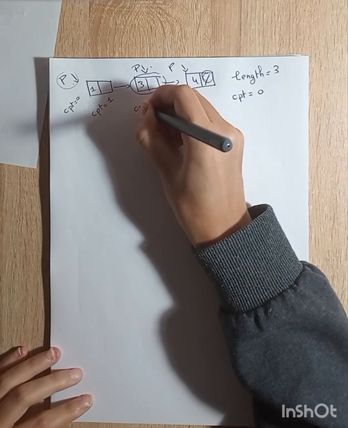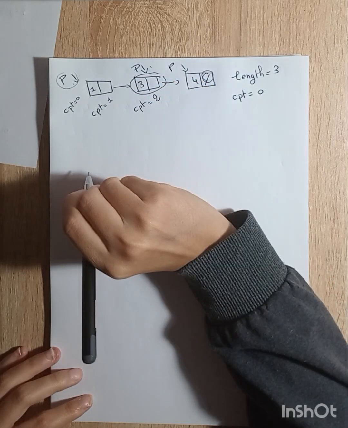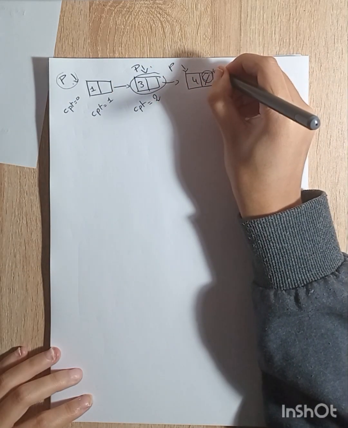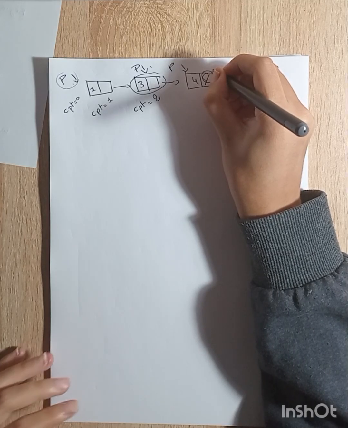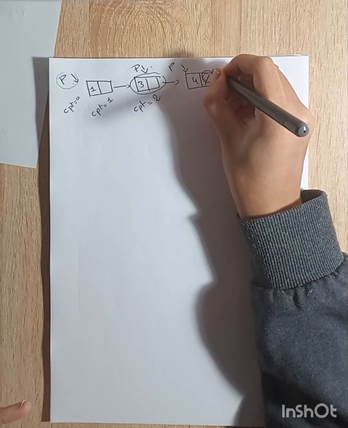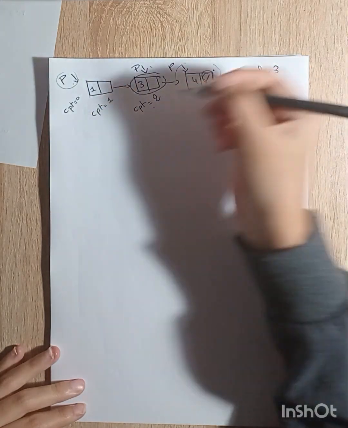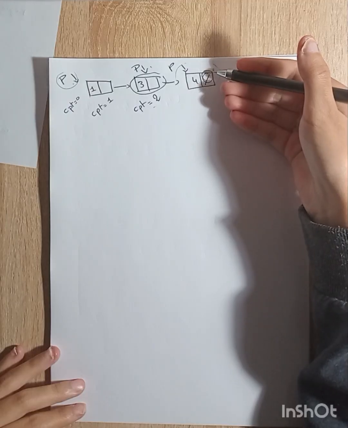We will have the counter equal to 2. And if we did the next of P is equal to null, we don't want it to be equal to null, then we will be out of the condition and we will have 2, while we clearly have 3 nodes in this list.